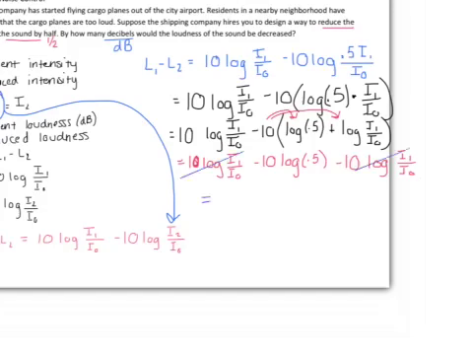So now we just have negative 10 log of 0.5. You can put that in your calculator. L1 minus L2, this will give us our answer. You can put the negative 10 log 0.5 in there.